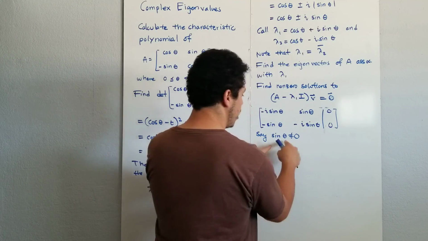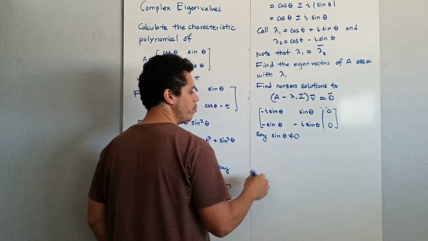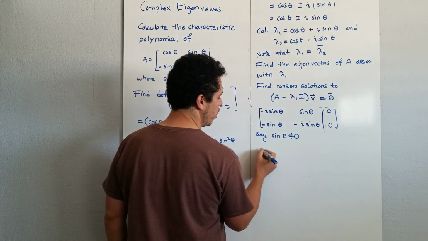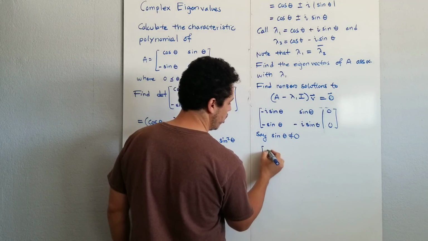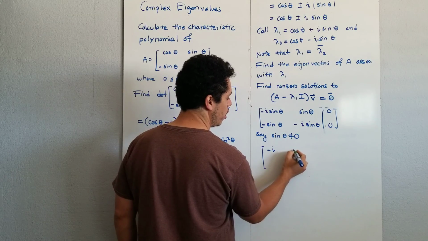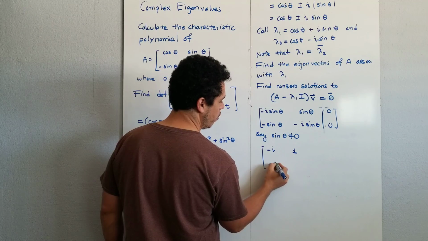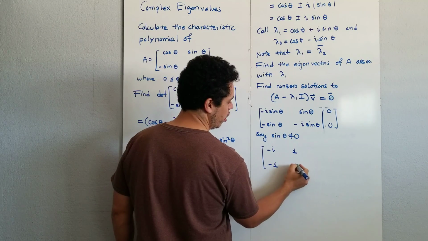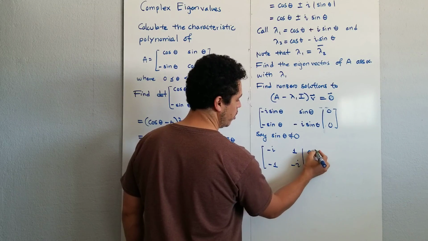So let's say that this is different from 0, so I'm allowed to divide everywhere row by row to obtain the following reduced matrix: negative i, 1, negative 1, negative i, 0, 0.